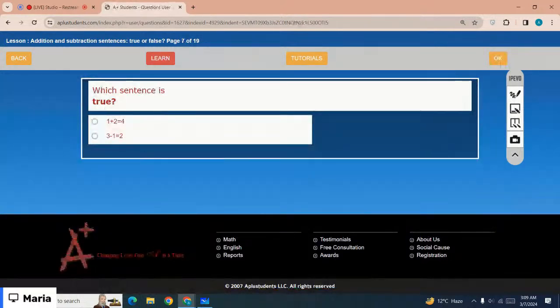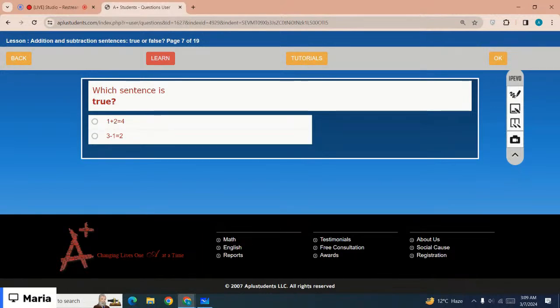Which sentence is true? 1 plus 2 equals 4 and 3 take away 1 equals 2.